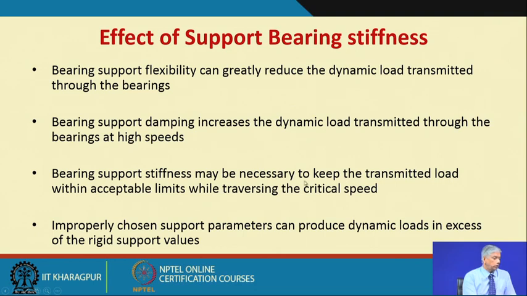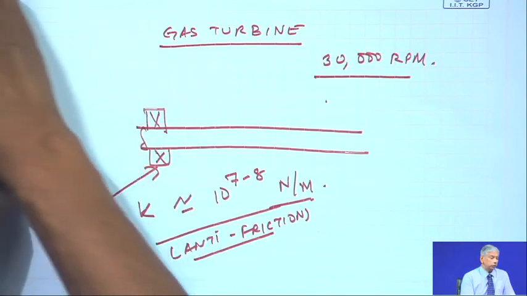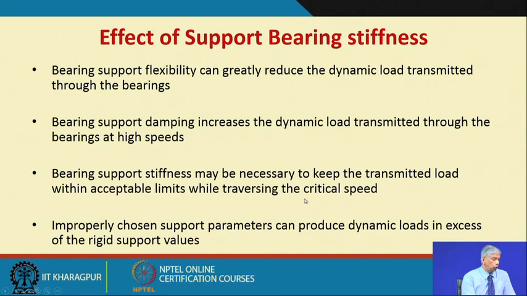Bearing supports keep the transmitted load within acceptable limits while traversing the critical speed, because I was telling you, once you go from 0 to 30,000 RPM, there will be many critical speeds one will be traversing through. So, one has to go through these methods. One good idea of controlling the stability of rotating shafts at high speeds is to play around with the bearing stiffness.